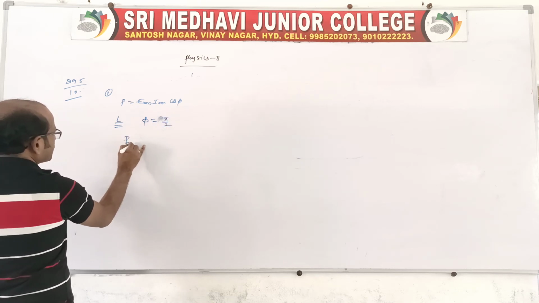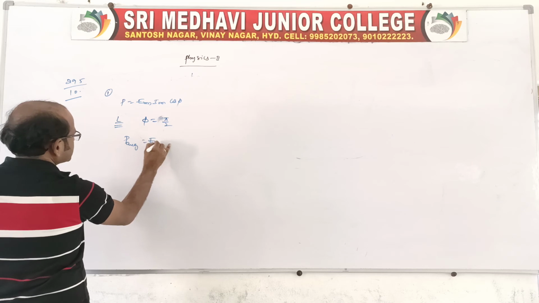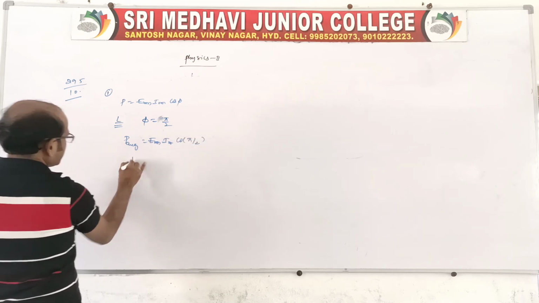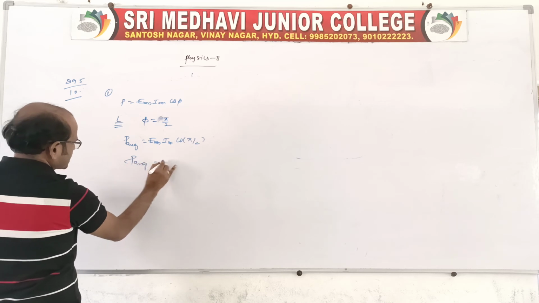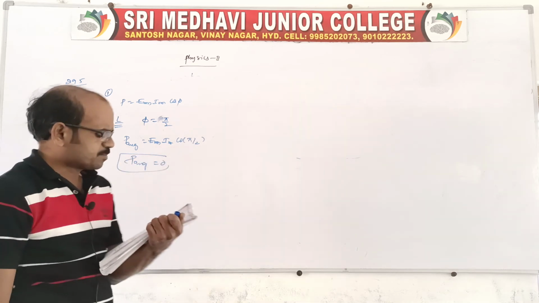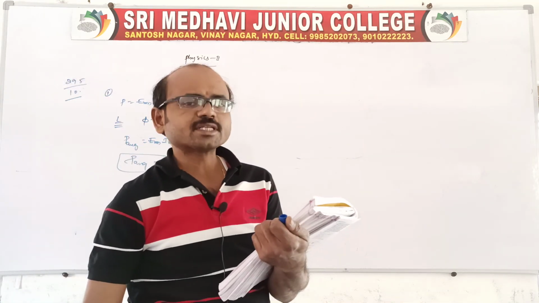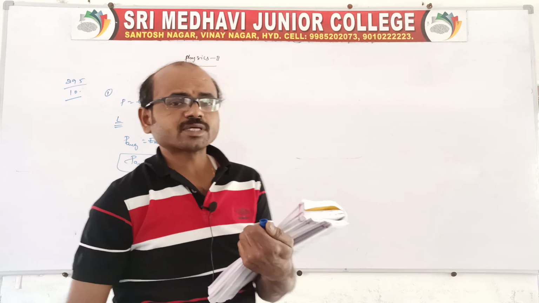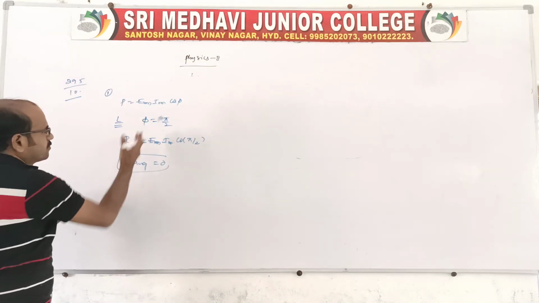So average power will be E RMS, I RMS, cos pi by 2, so average power is equal to 0. Yes, it is our answer, because the net power absorbed in the inductive circuit is 0 because of the phase angle.